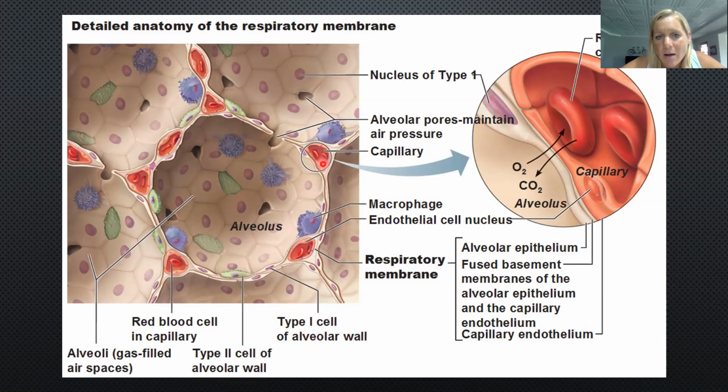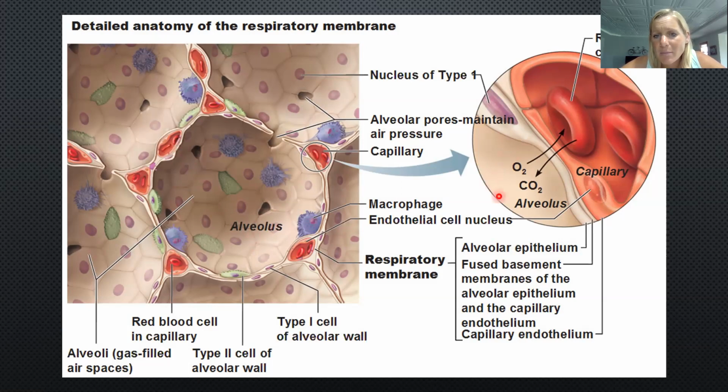It's got some red blood cells in it, and it's interacting directly with the alveolus. Notice that this single alveolus has many capillaries available, so you've got 1, 2, 3, 4, 5, 6 potential places where I could facilitate exchange of gas. That means moving waste products into the alveoli and moving oxygen from inside the alveoli into the blood.